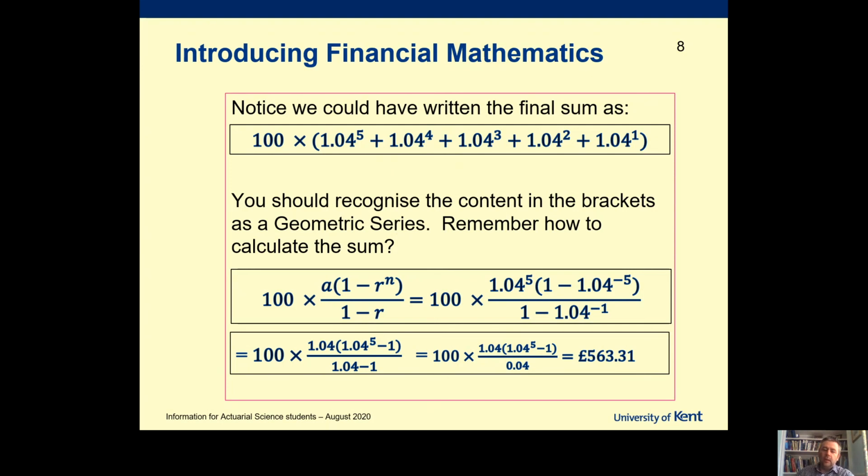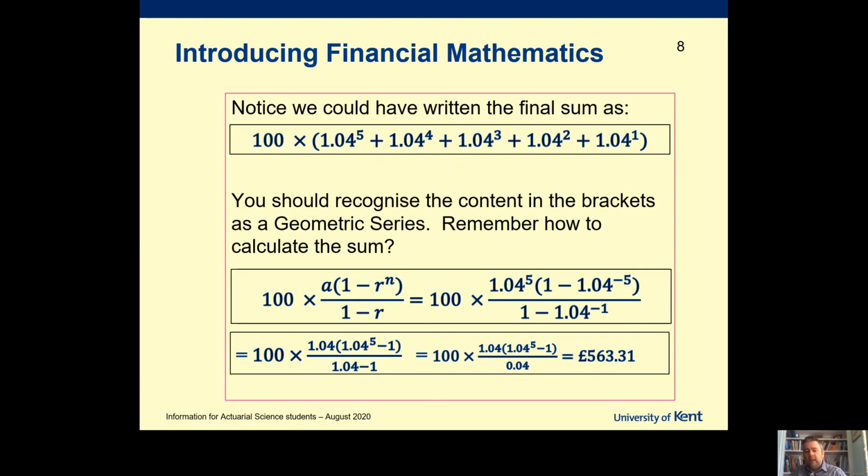On the top, we've got this factor 1.04. I'm multiplying through on the top, and then I've multiplied out this set of brackets here as well. So multiplying out the brackets is giving us 1.04 to the power 5 minus 1 on the top. Okay. Now on the bottom, we've got 1.04 minus 1, which is 0.04 on the bottom.